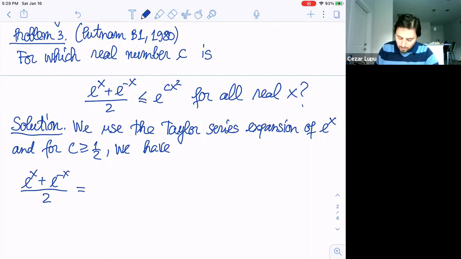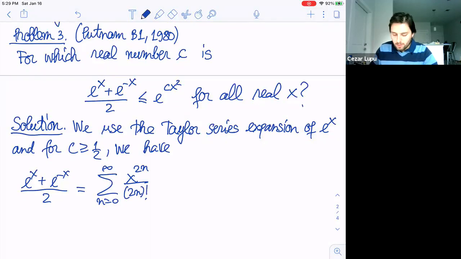So we will have the sum from n equals 0 to infinity of x to the 2n over 2n factorial. So we'll have only the even ones. Okay. And this will be less or equal.